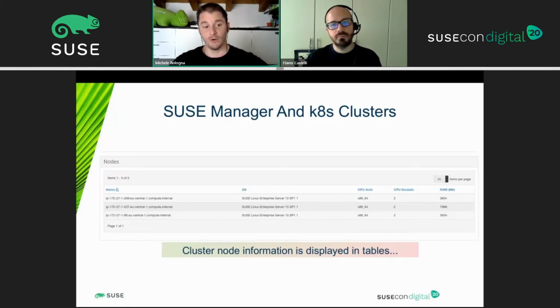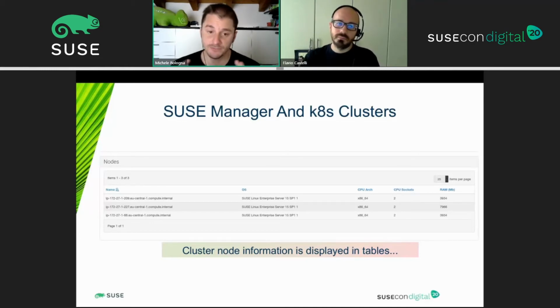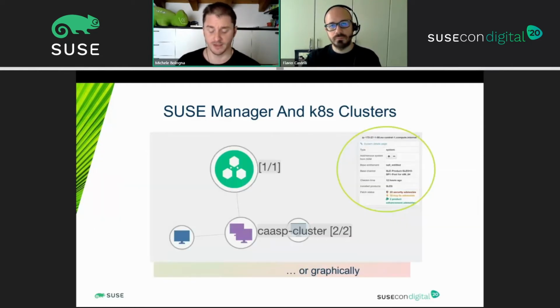Now I enter the cluster that I selected, and I can see there are 3 nodes. I can see the host name and various information about my nodes: the operating system, the CPU architecture, and the available memory. This is presented in a table. This is good, but I also want a graphical way to present it. Yes, I can have that. I can show my cluster in a very graphical way.